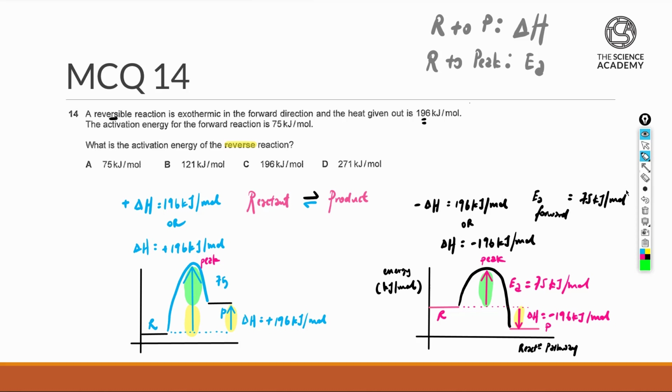Again, the 75 came from the green area and coming from the yellow area of 196. This will sum up together to give us a value of 271 kilojoules per mole. So the answer for this question will be D.